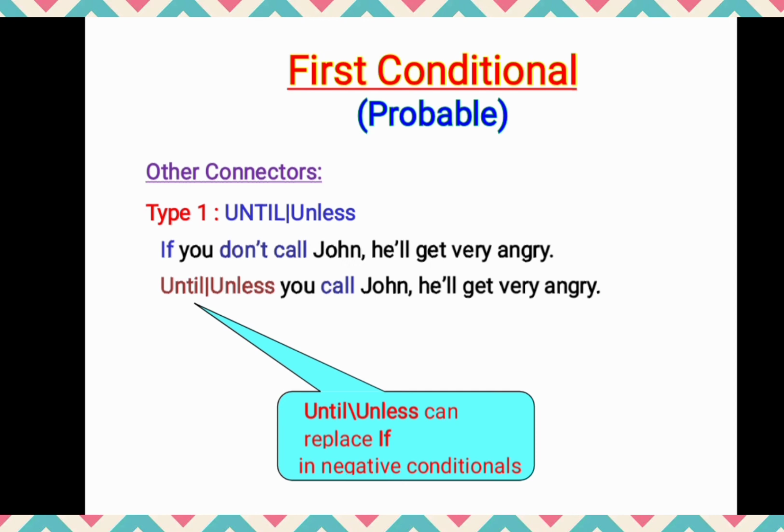And keep in mind the first thing, until and unless can replace if in negative conditionals, and these words are used in negative sentences and negativity because they have their own negative expressions in English grammar. You can see categorically, until and unless can replace if in negative conditionals. That is the whole story of first conditional, probable.